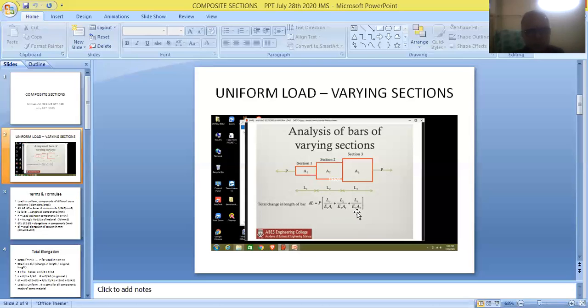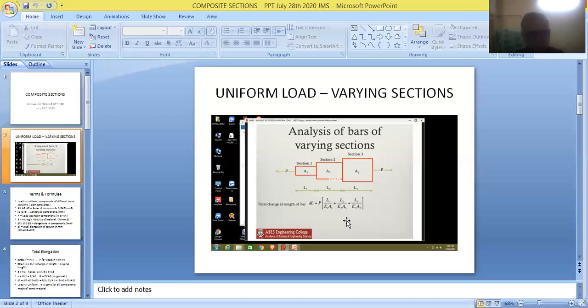So it can be brought out of this bracket. It can be written as P by E into L1 by A1 plus L2 by A2 plus L3 by A3, in this particular fashion.